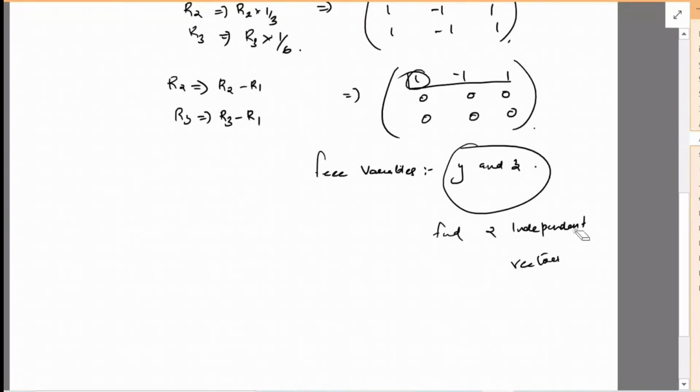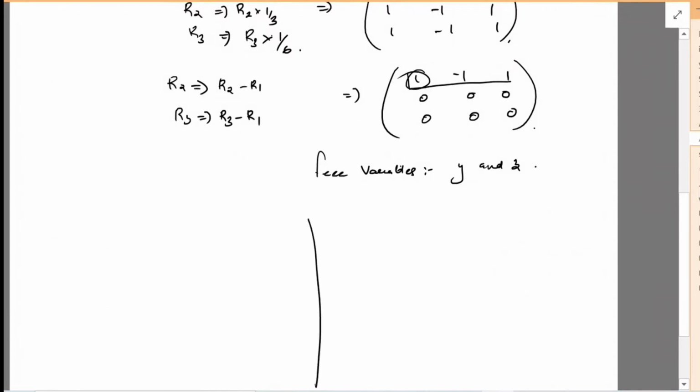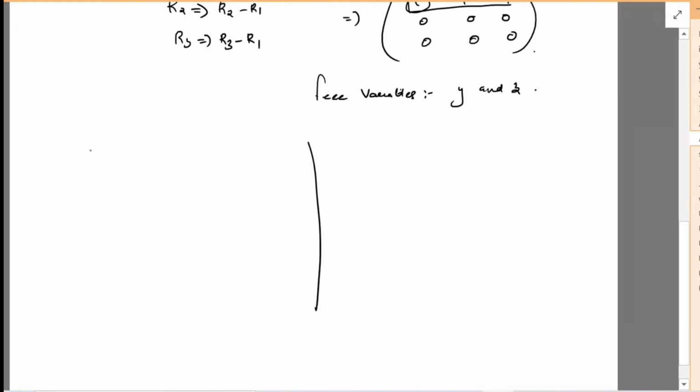So how can we find these two independent eigenvectors? The first one can be found by substituting y equal to 1 and z equal to 0, and the second one can be obtained by substituting y equal to 0 and z equal to 1. To find a solution, we substitute arbitrary values for the free variables.